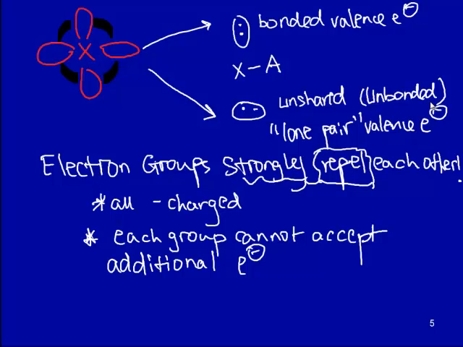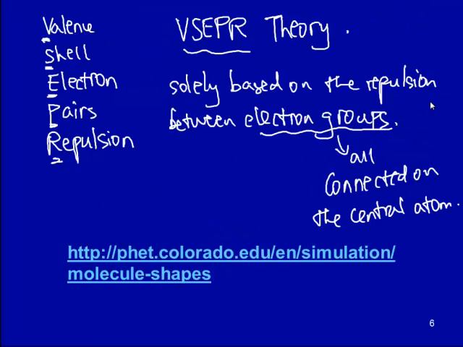They're going to repel each other very strongly. And that repulsion is the determining factor in controlling the molecular shape. And this is called valence shell electron pair repulsion theory.